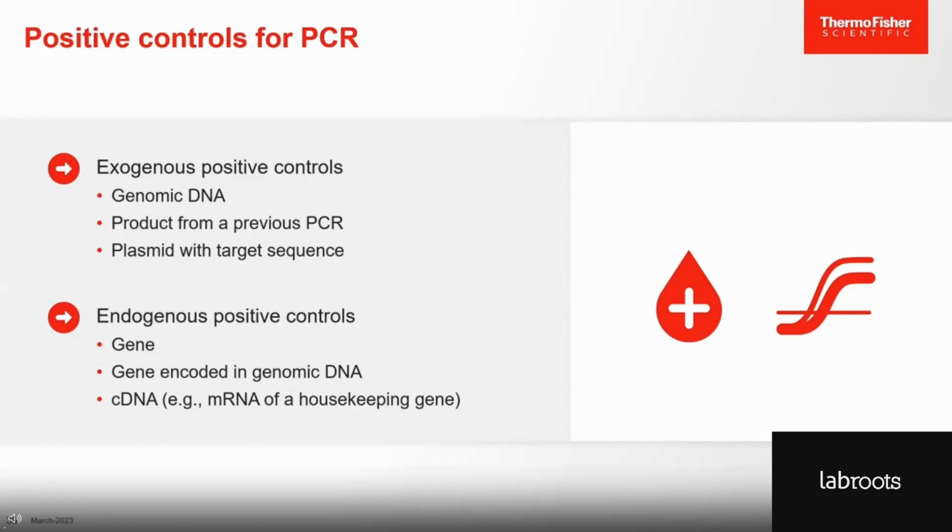Exogenous positive controls are added to the reaction separately, while endogenous positive controls do not require an additional template as the target sequence is automatically added with the sample template. Endogenous positive controls include a gene that should be present in all samples at the same level, allowing for the same cycling protocol, genomic DNA of any other gene with high homology in all samples, or cDNA such as mRNA of a housekeeping gene.